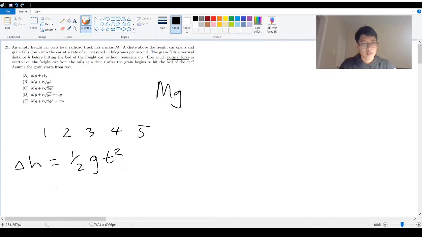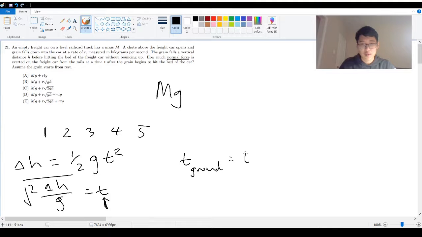So t will be the square root of 2 delta h over g, the time it takes to fall through the air and hit the car. Notice that each grain has the exact same time added onto it, right? So the time it hits the ground is equal to the time to drop plus this time that it spends in the air.